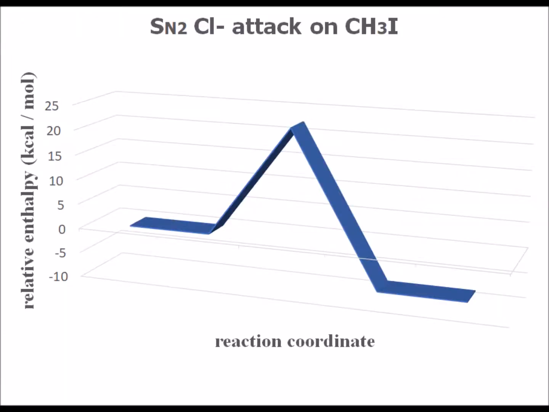Here we have the actual potential energy surface for the SN₂ attack of chloride on iodomethane. The energy of activation is seen to be approximately 22 kcals per mole, and we also notice that this is an exothermic reaction.